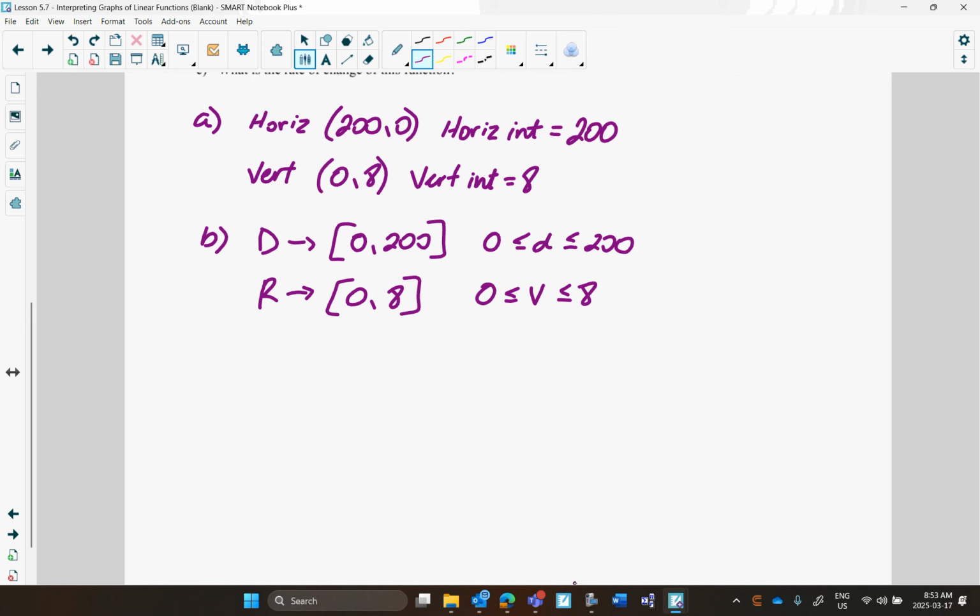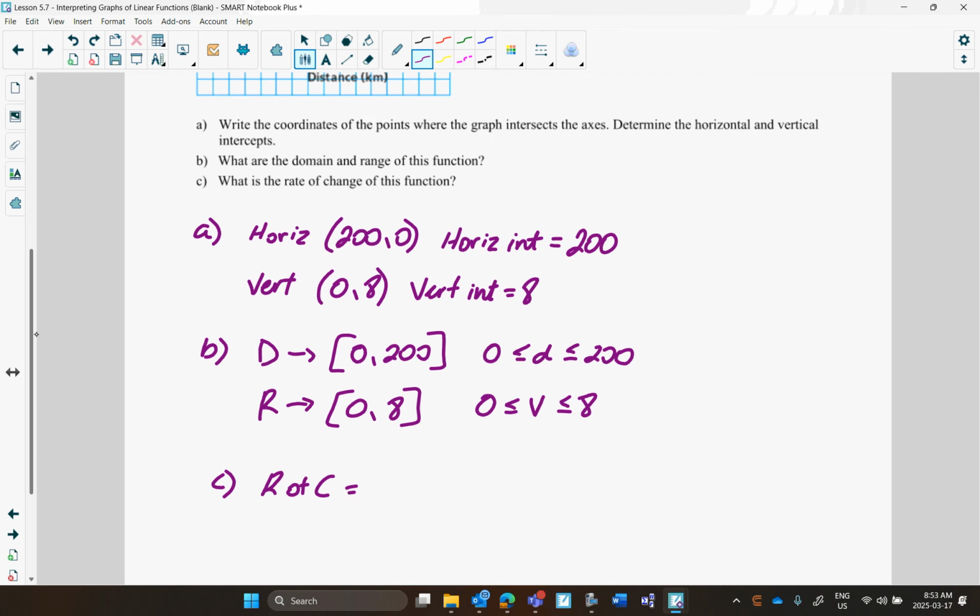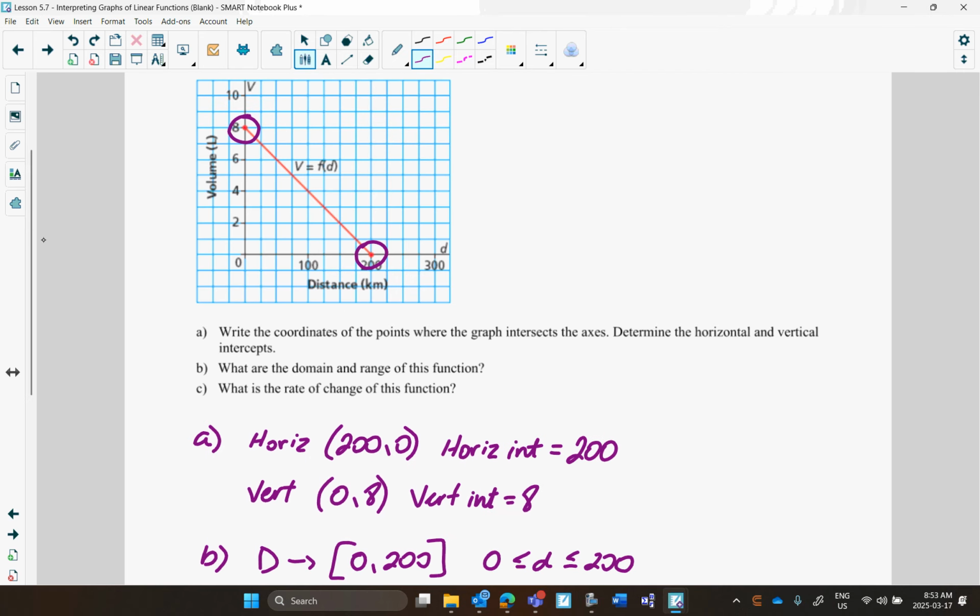The rate of change: pick two coordinates, find the slope, and then put the proper units. Well, might as well use the 2 points we've been doing here. So this is 0, 8. This is 200, 0. It doesn't matter which one you use first and second, just don't mix them up.